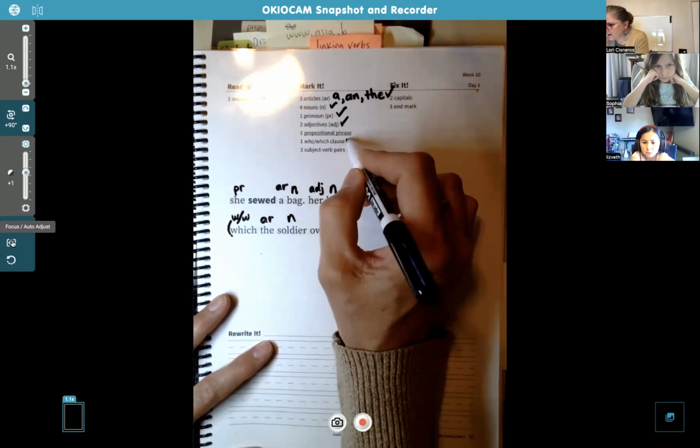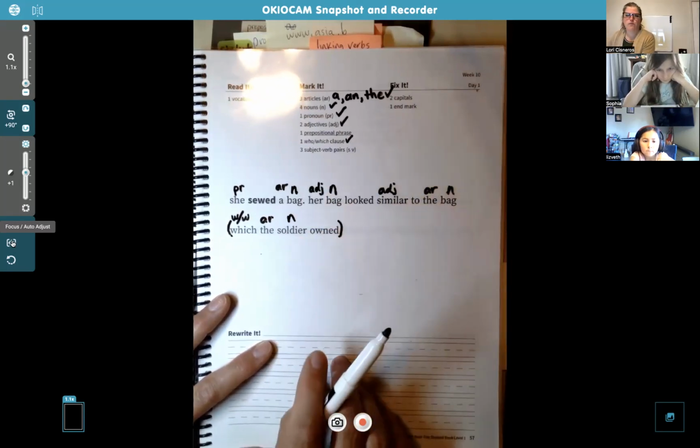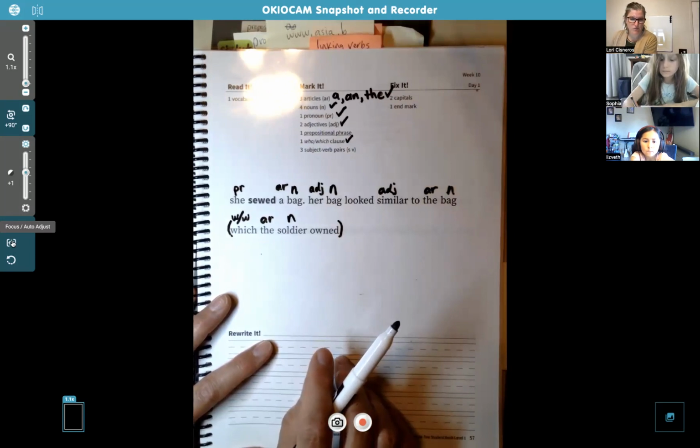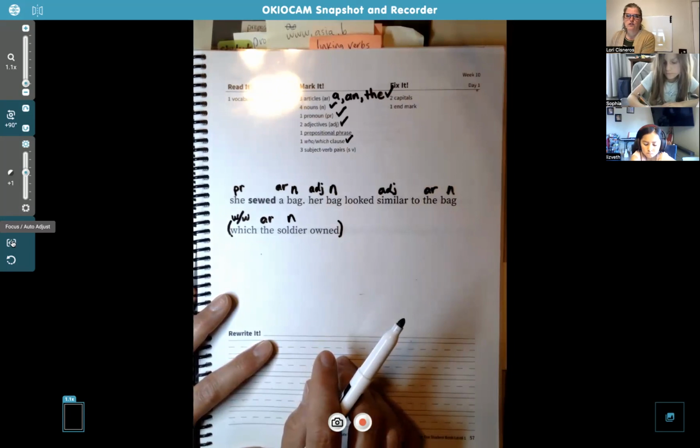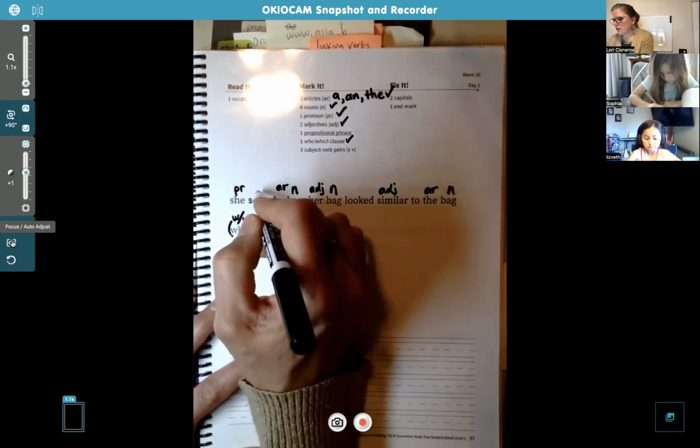Got the who, which clause, and then we have the subject verb pairs. The easiest way for me to do that one is to look for the verbs first. So Lizbeth, which words tell me an action? Sewed, good.